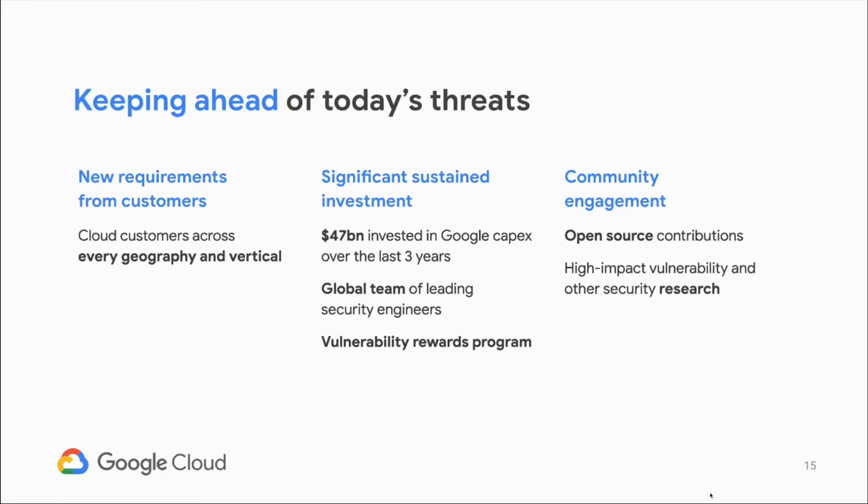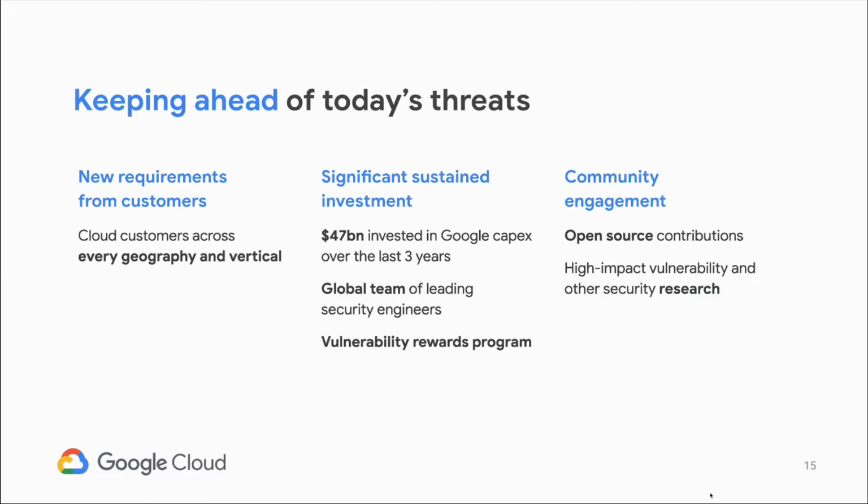But that means that our capabilities have to evolve very rapidly to meet all these needs and threats. And because of our global footprint across enterprise and consumers, we have an unprecedented visibility into those threats and attacks. We can develop solutions before many other organizations even see those threats, and we can reduce exposure for you and your data and your workloads.